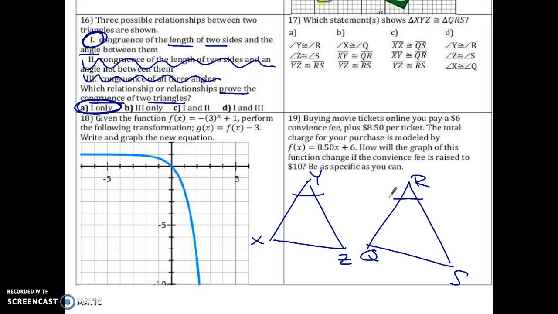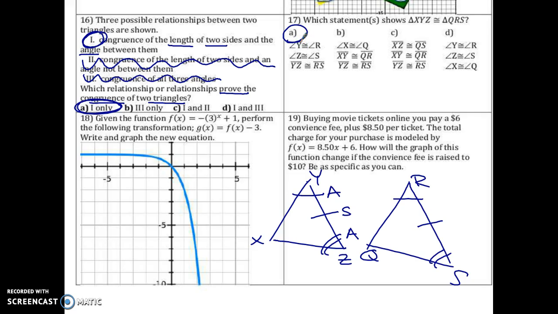Angle Z and S are congruent. And YZ is congruent to RS. So that does give angle, side, angle. So A will work.